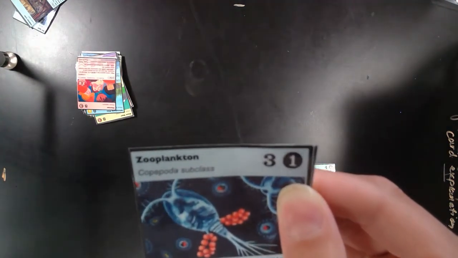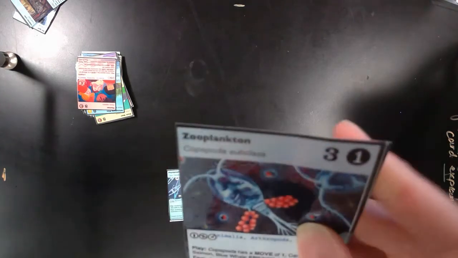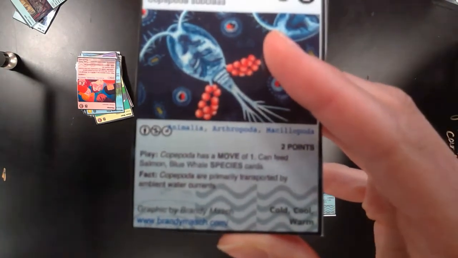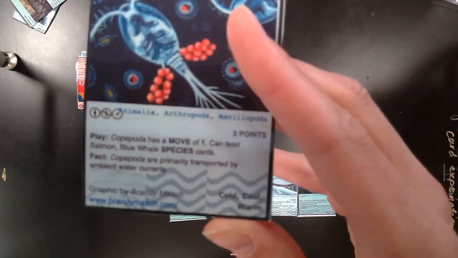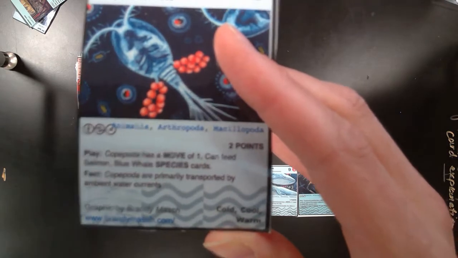And there is a colored circle, so that refers to what type of food that organism eats and what its diet is. At the bottom of the card, you're going to see symbols that represent the type of terrain that this organism lives in, as well as in the bottom right corner, words that describe the climate for that organism.